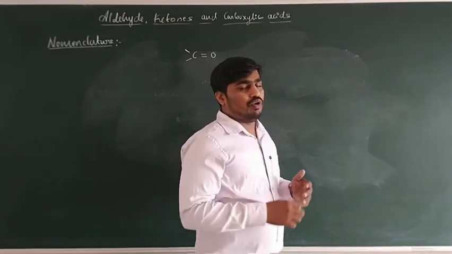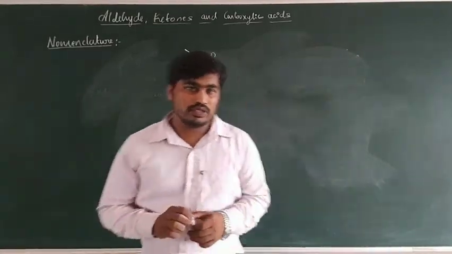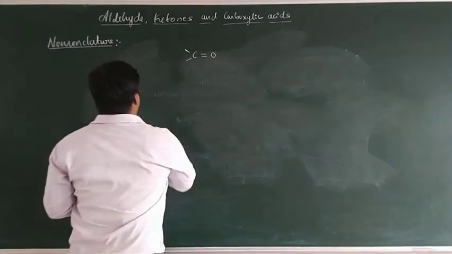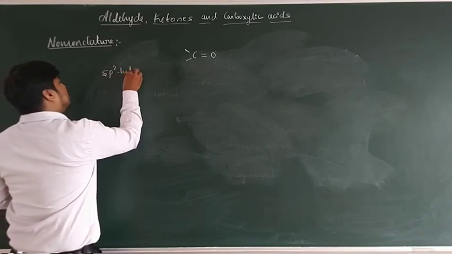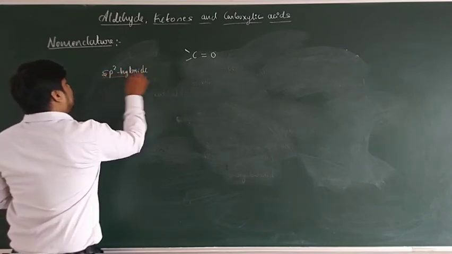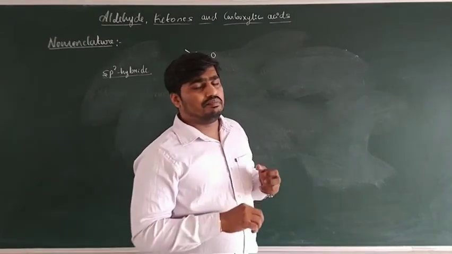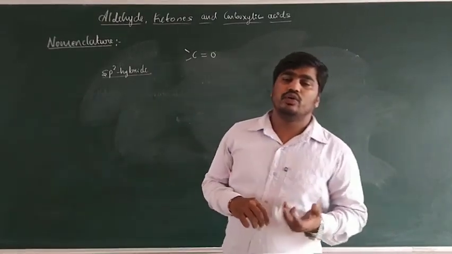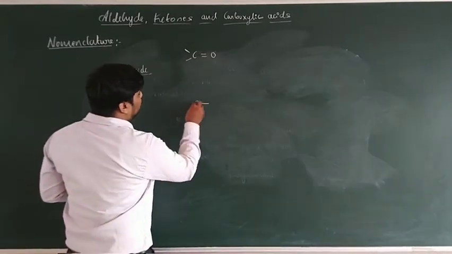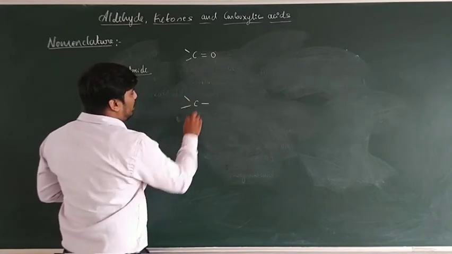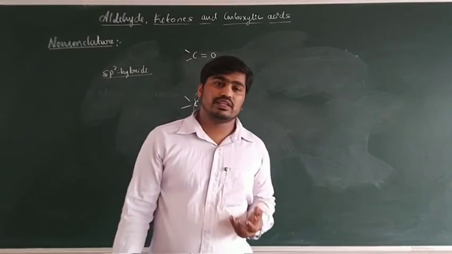According to the hybridization, the carbon in carbonyl compounds is sp2 hybridized. In sp2 hybridized carbon, 3 orbitals are involved in the formation of sigma bonds, and 1 p orbital remains on the carbon.